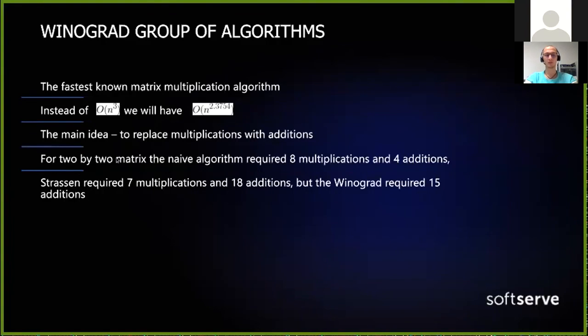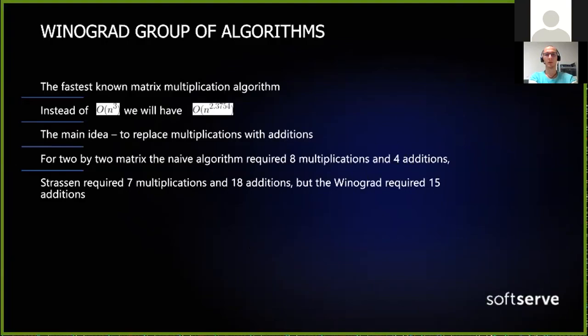And as you can see on the slide, for 2 by 2 matrix multiplication, the naive algorithm requires 8 multiplications and 4 additions. The Strassen version of this algorithm requires 7 multiplications and 18 additions, but Vinogradov requires 15 additions. So for small matrices, you use mostly addition without multiplication operations. Why can it be faster?